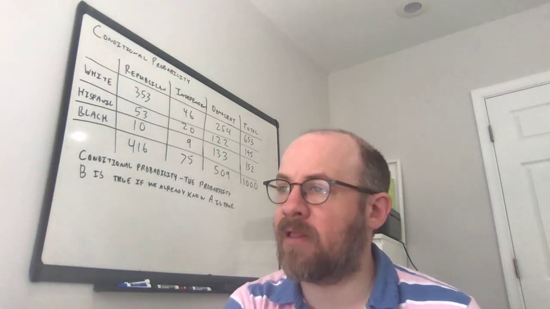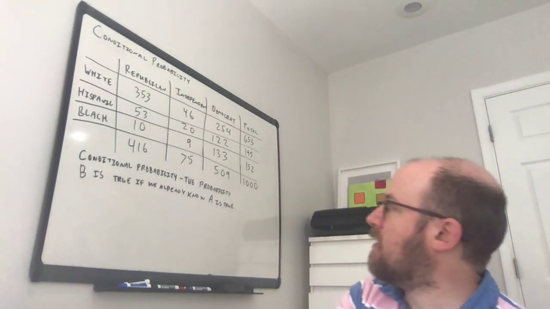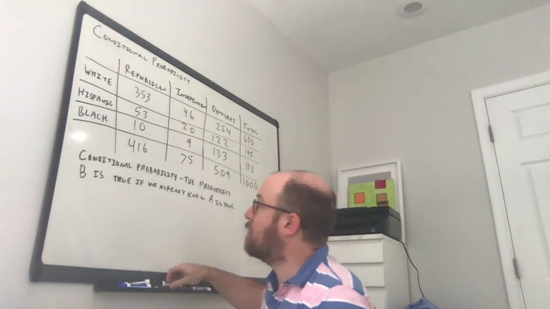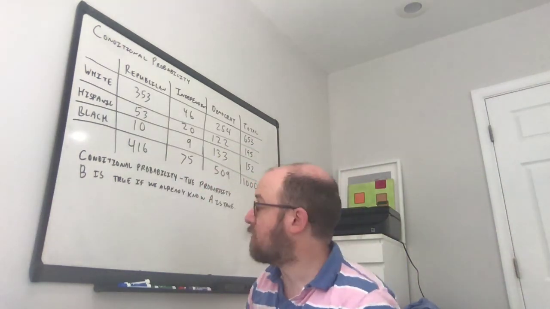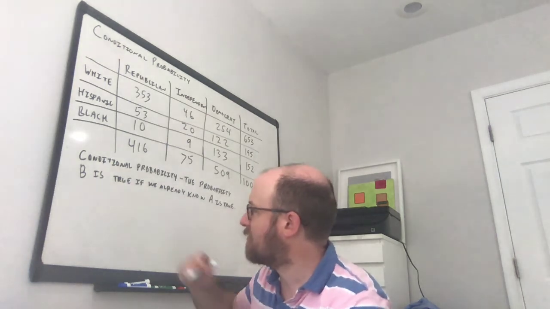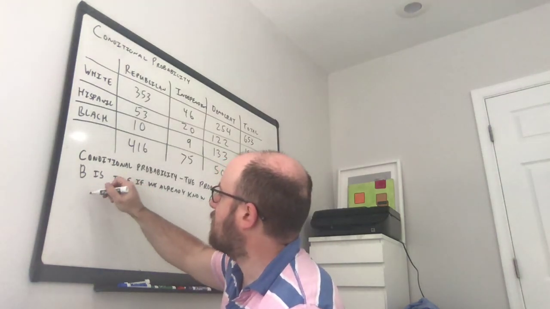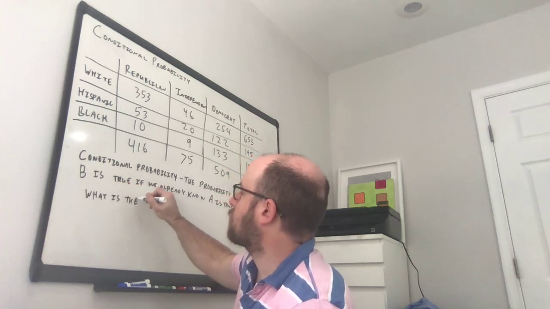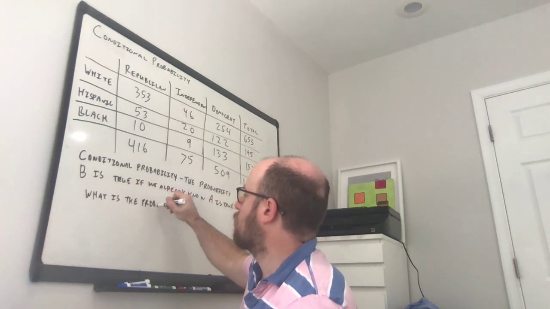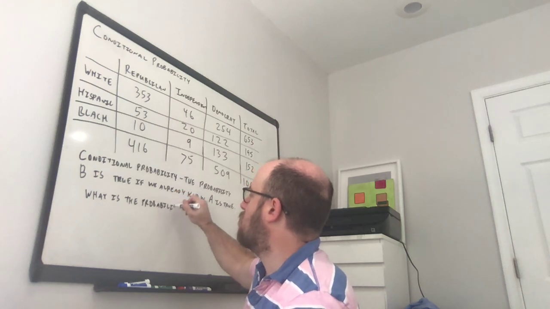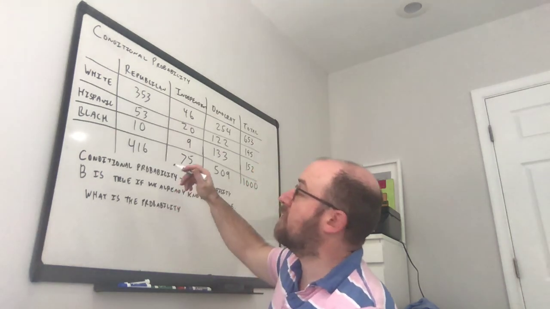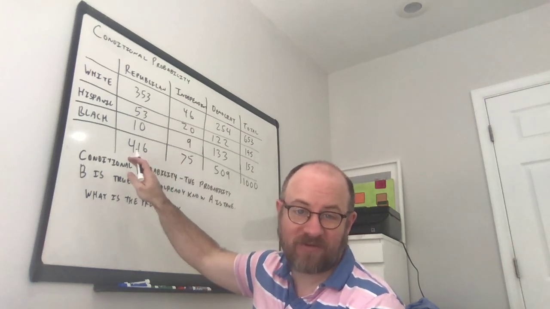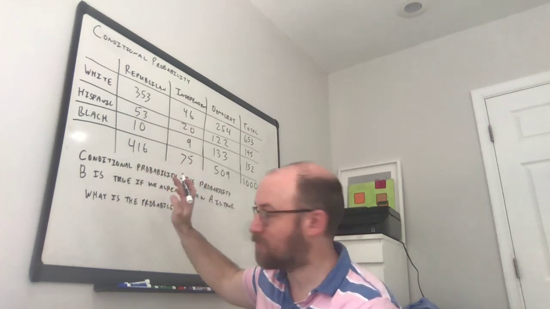Another example is one using this table, which I wanted to leave up on the board. In the last video, we said the probability that an American is a Republican is 416 out of 1,000, 41.6%.